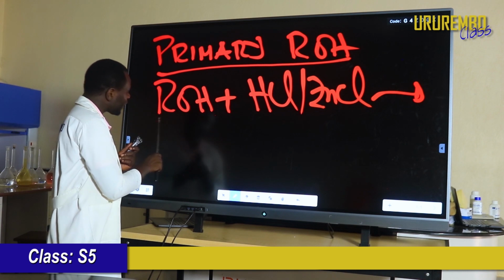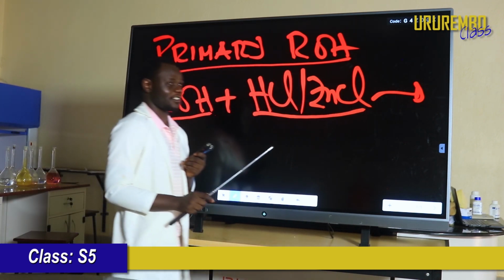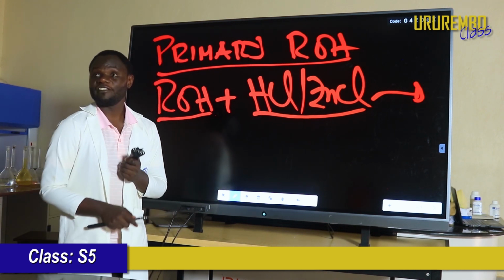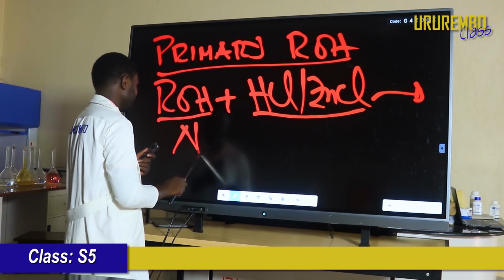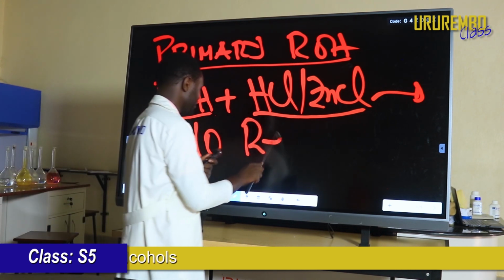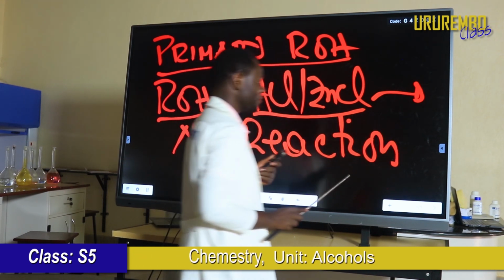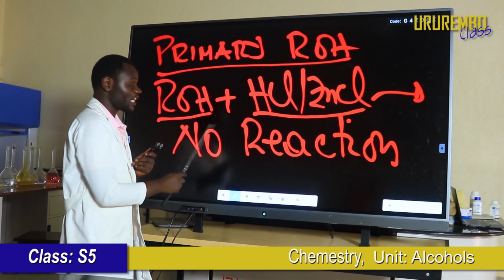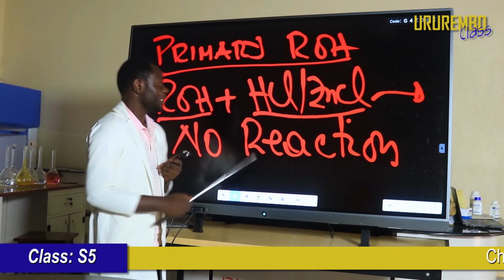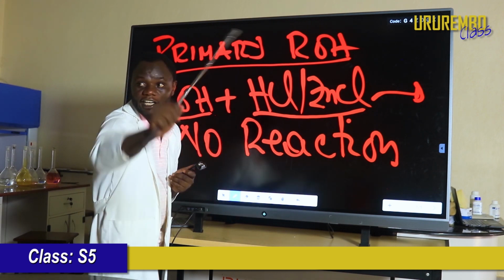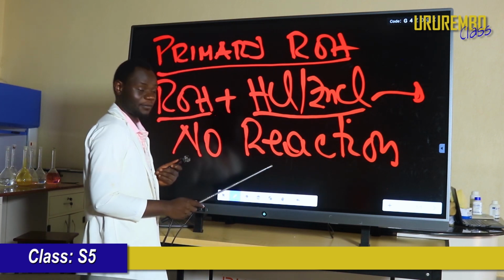When you react a primary alcohol with the Lucas reagent, there is no observation. There is no reaction. It means that this reaction is very slow. It takes a long time to observe the product.